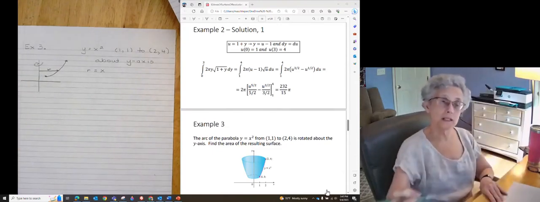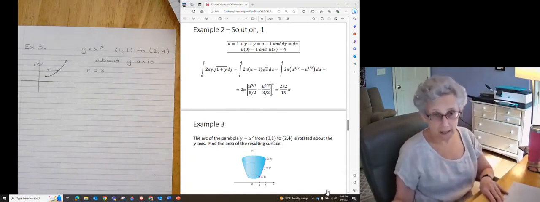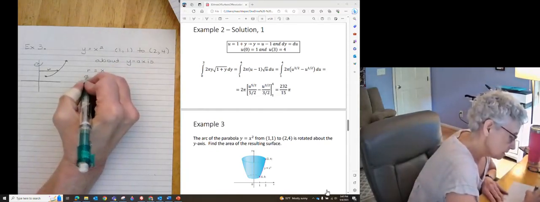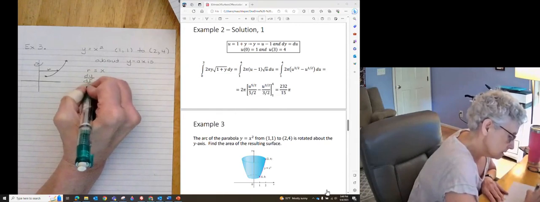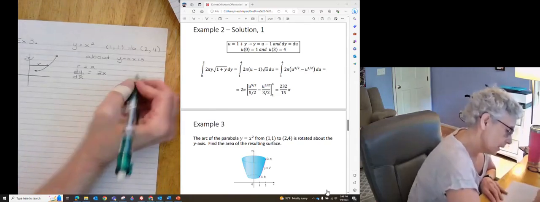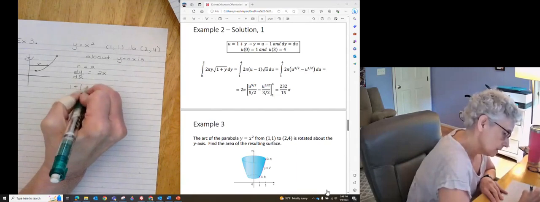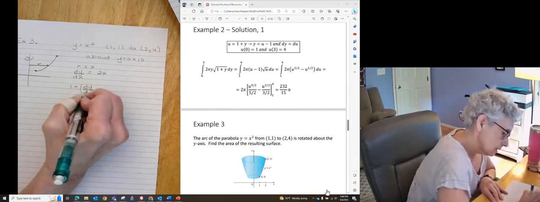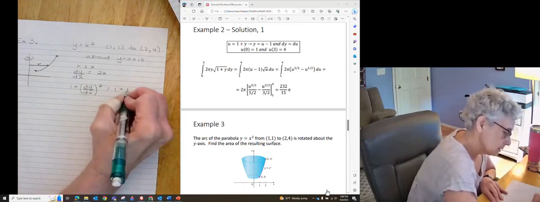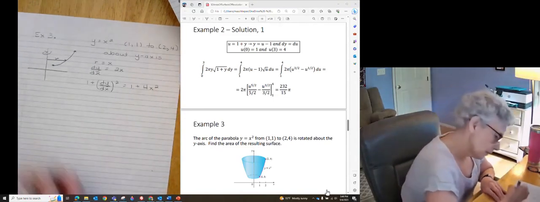So my radius is equal to x. So if I'm integrating with respect to x, then r is just equal to x. dy dx is 2x, so 1 plus dy dx squared would be 1 plus 4x squared.